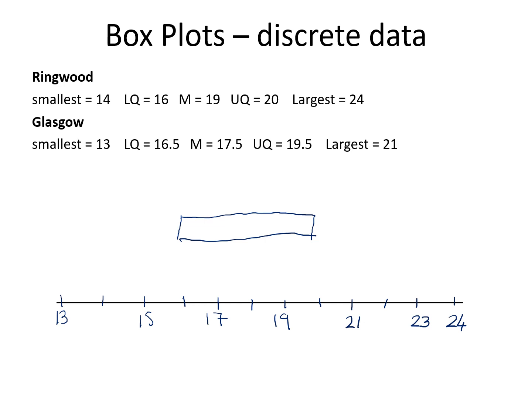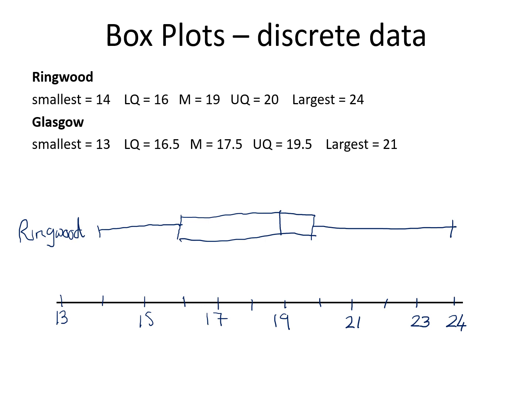The median is 19, so I have a vertical line in my box at 19. Smallest value 14, so remember that's where my whisker goes out to. Biggest value 24, nice big whisker out that end. And I'm going to put the fact that that's my Ringwood. Okay, so yours is going to look so much nicer than that.